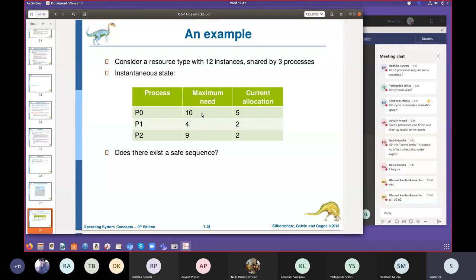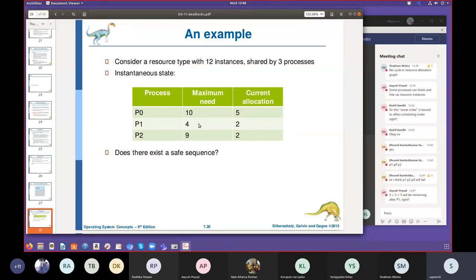Or I think both are okay. P1, P0, P2 is also possible, and P1, P2, P0 is also okay. Yeah, I think what Dhrumil said previously, P1, P0, P2, is more likely because P2 can still ask for 7, so that might get stuck.